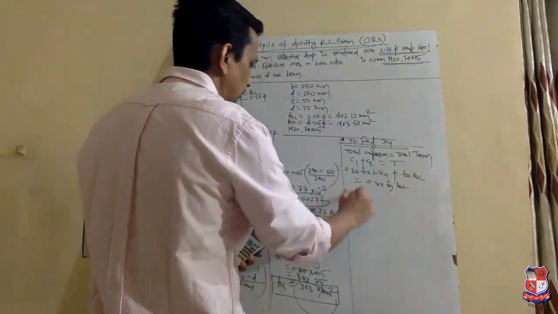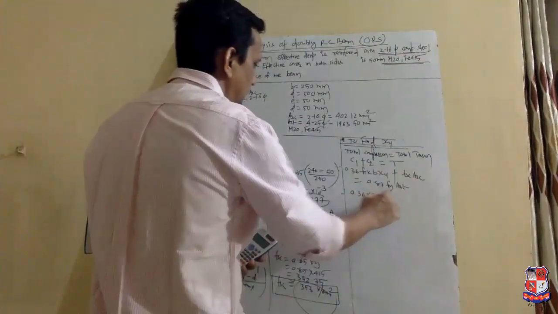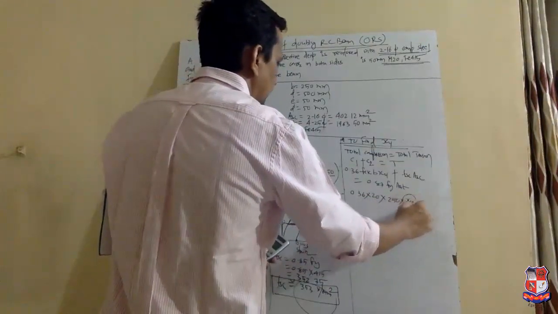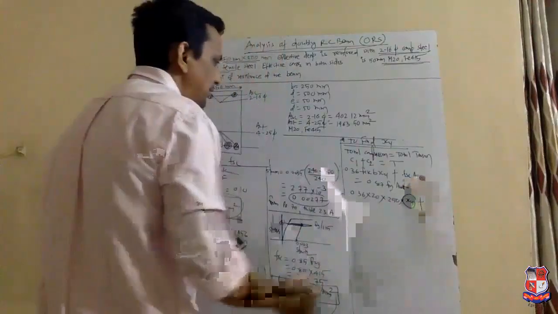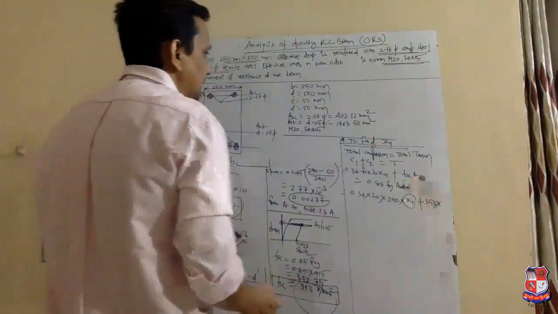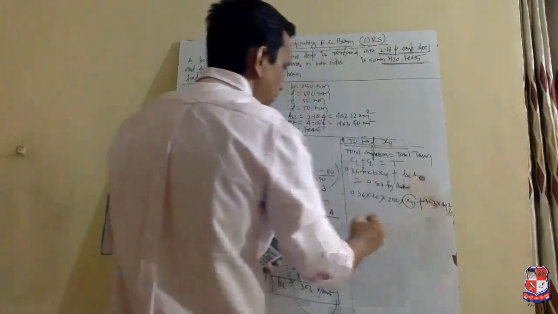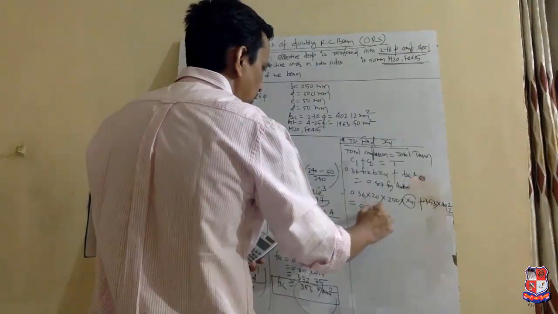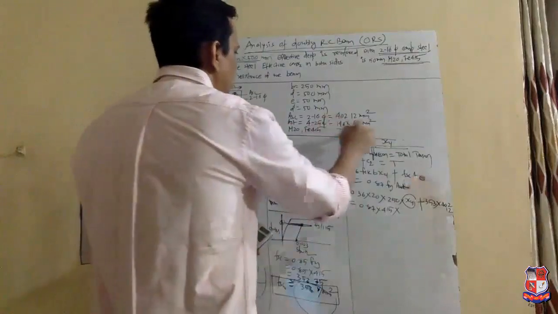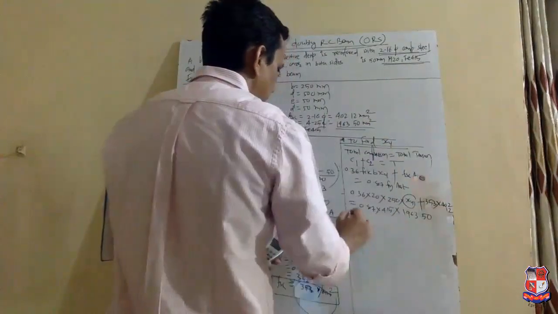Now put in all the values. 0.36 fck is 20, b is given 250, and xu is our interest. fsc is 353, and Asc is 402.12, equal to 0.87, fy is 415, and Ast is 1963.50.